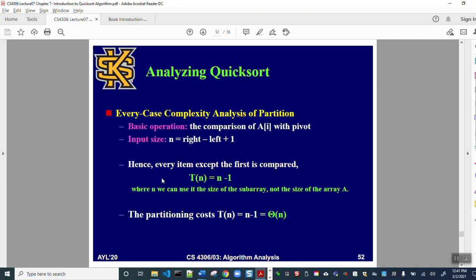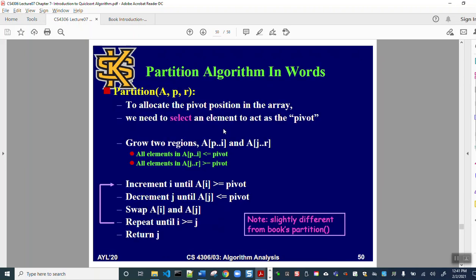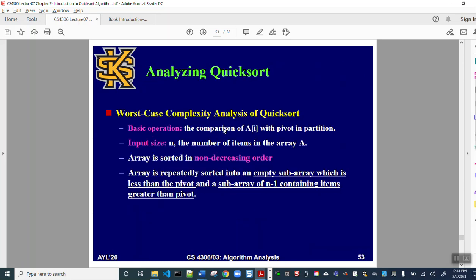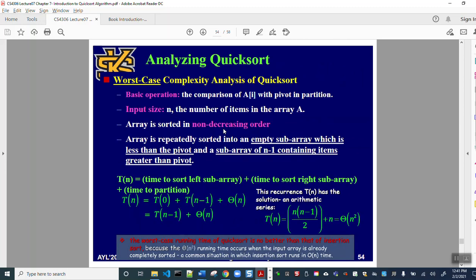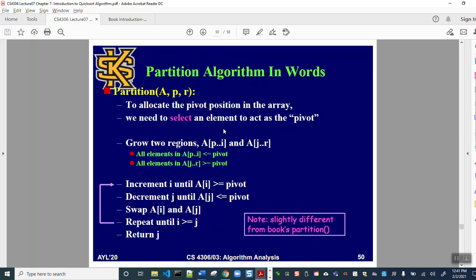Please go ahead with this slide, read the book and some YouTube videos, and then practice, and in the next lecture I will analyze the Quicksort algorithm. At least a few cases I mentioned at the beginning, 5 cases actually. The complexity of the Quicksort algorithm mainly depends on the partition algorithm.